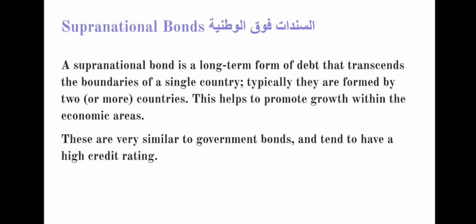A supranational bond is a long-term form of debt that transcends the boundaries of a single country. Typically, they are formed by two or more countries. This helps to promote growth within the economic areas. These are very similar to government bonds and tend to have a high credit rating.